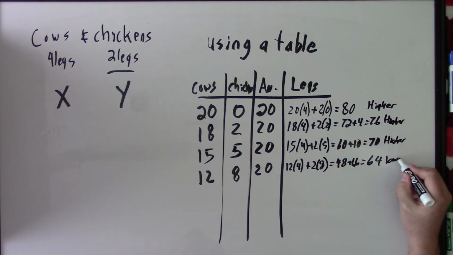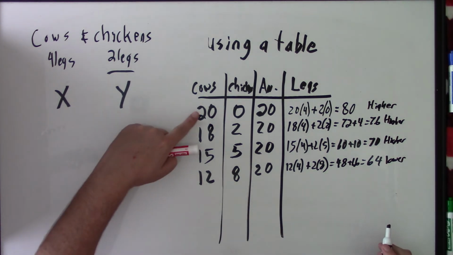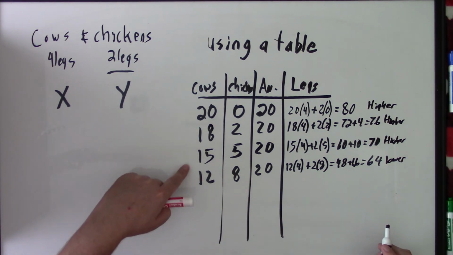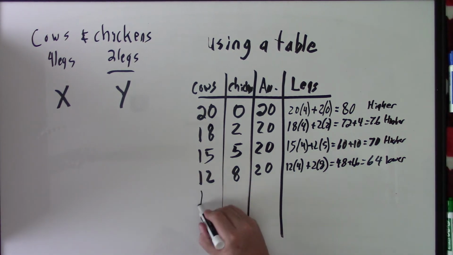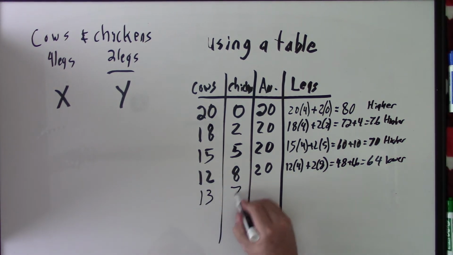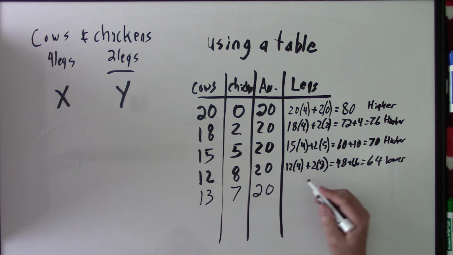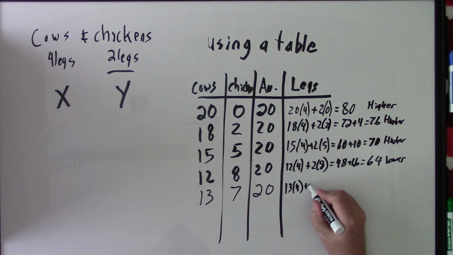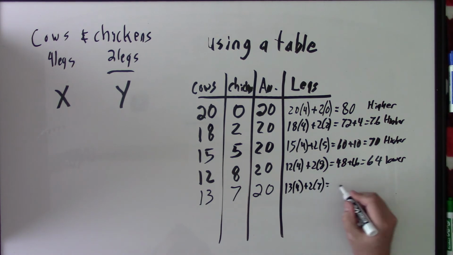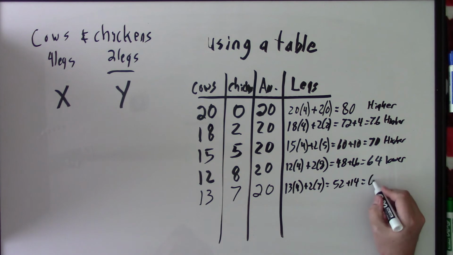And for the 64, I'm lower. So I was lowering the number of cows, but I went too far, so now I have to add a cow back in. So now I'll try 13 and 7, so that gives me 20 animals. So I have 13 times 4 plus 2 times 7. That's 52 plus 14, which is 66, and that's my answer.